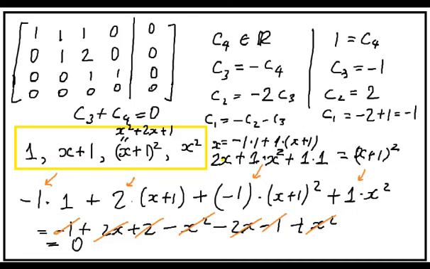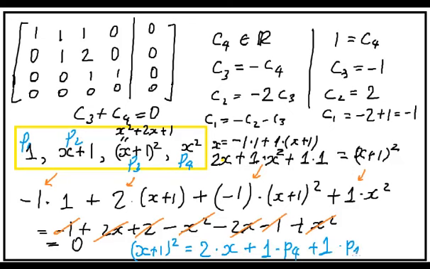So what's going on here? Calling these P1, P2, P3, and P4, what I notice is that we could express x plus 1 squared as 2 times x, I'll come back to that in a moment, plus 1 times P4 plus 1 times P1.